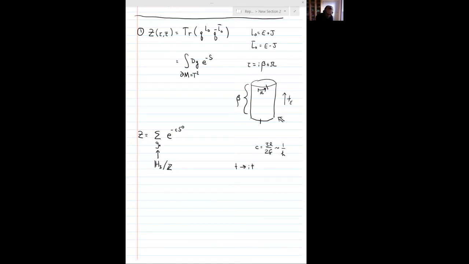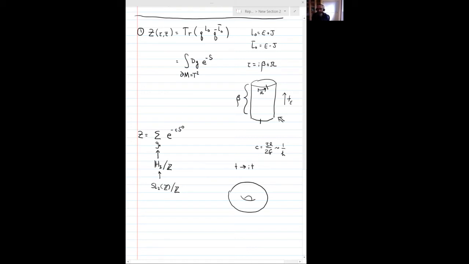And it turns out that they are classified completely by cosets of SL(2,Z), in particular by the cosets of SL(2,Z) mod Z. How do you think about that? Well, I told you that my boundary is a torus.